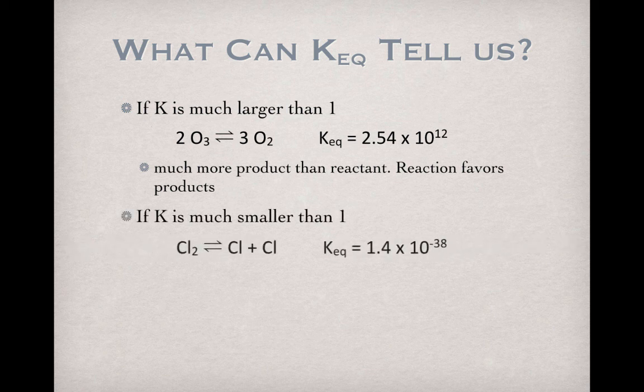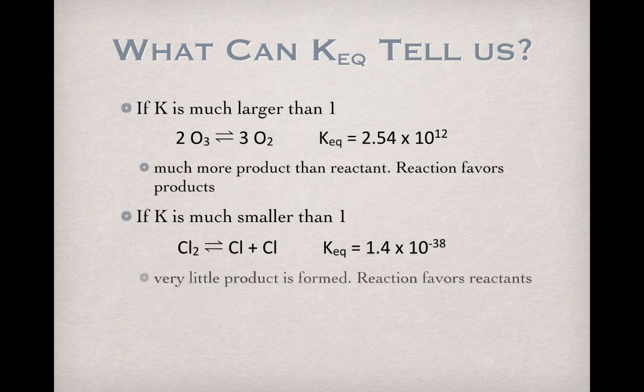If K is much smaller than 1, here's an example where a chlorine molecule breaks apart into 2 chlorine atoms, with an equilibrium constant of 1.4 times 10 to the minus 38. That's a very, very tiny number. What this means is the reaction really doesn't like to happen, and very little product forms. So for this reaction, we would say that it favors the reactants.